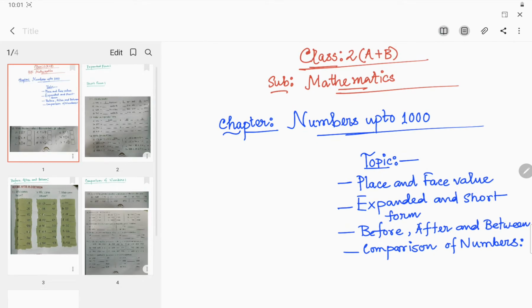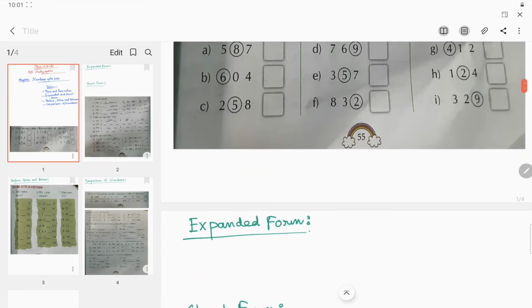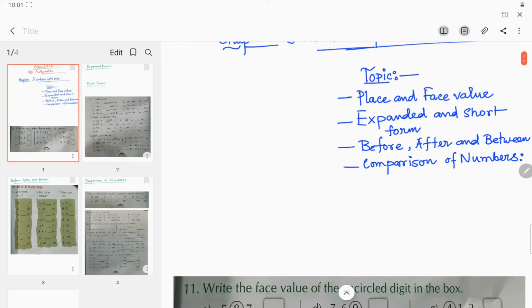I think you know what place value and face value are. So what is place value?